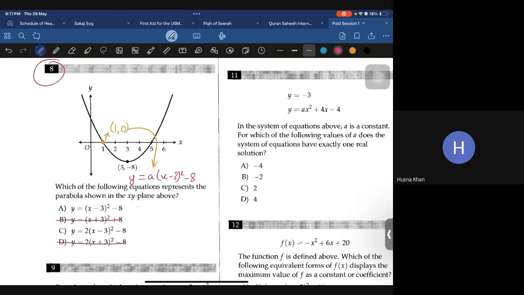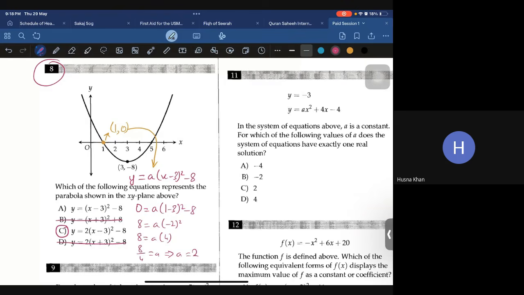So I'll replace y with 0, A as it is, x with 1, so I can shift 8 to the left side. So 8 upon 4 equals to A. So A equals to 2. So that's why the answer will be option C.